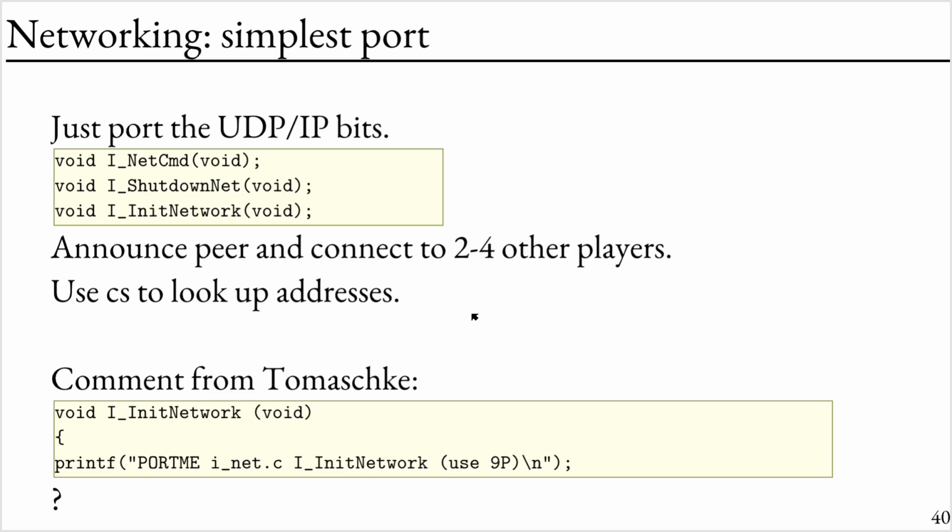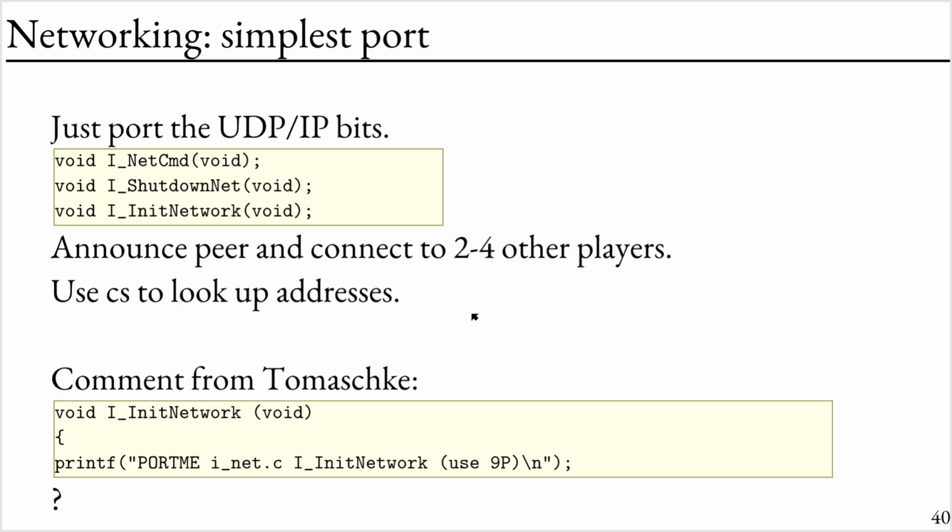So the simplest way to get any networking going is just to port the UDP/IP bits, which there really isn't that much to do. You just need to announce an open port and then connect to 4 other players.